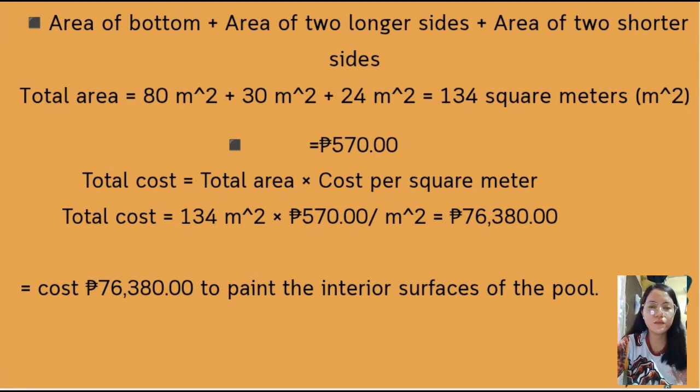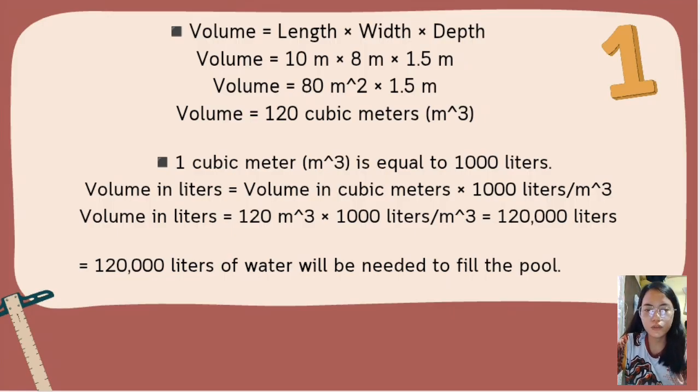So how many liters of water will be needed to fill it? To find the amount of water, we need to calculate the volume of the pool. Use the formula for the volume of a rectangular prism, which is the shape of the pool: length times width times depth, or height. 10 meters times 8 meters times 1.5 meters. So, 80 square meters times 1.5 meters is 120 cubic meters.